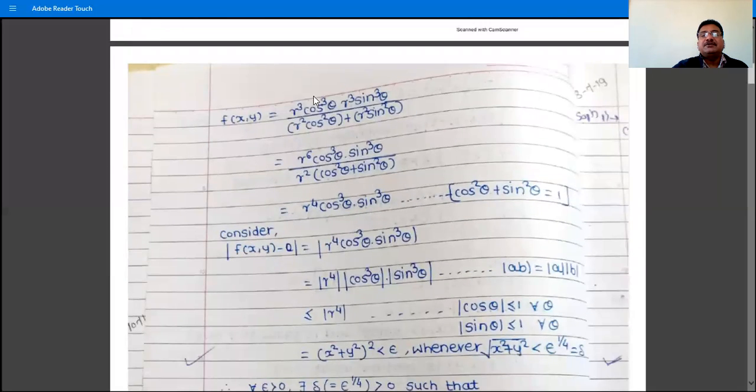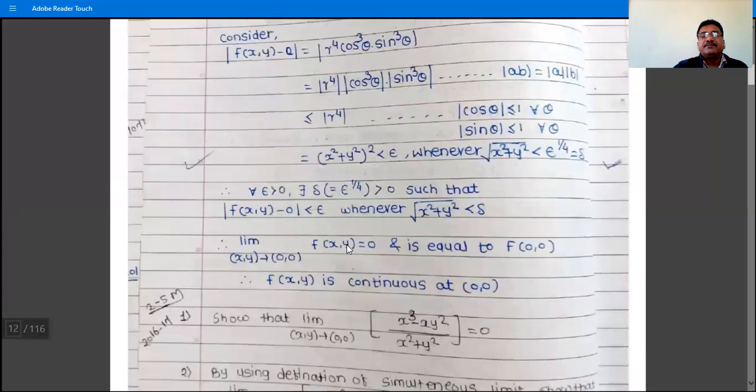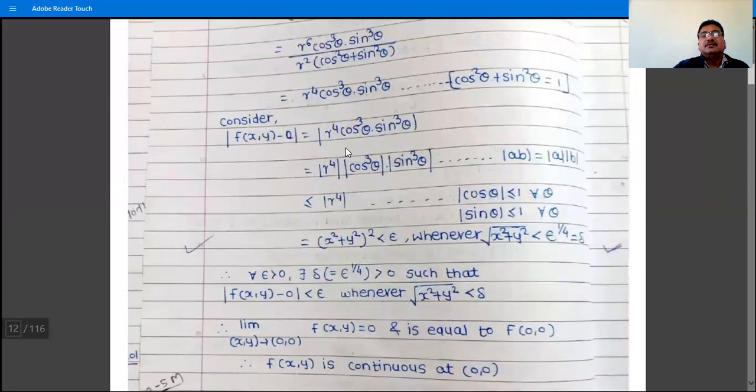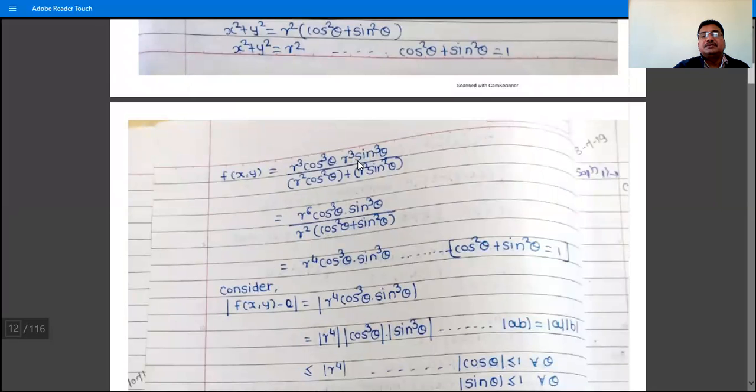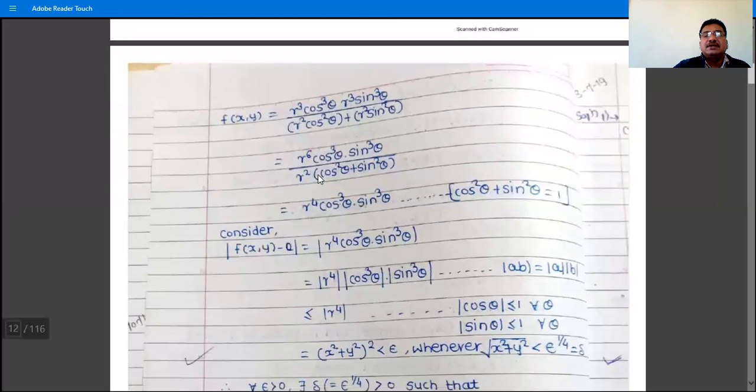Then the simplification of f(x,y): substitute x as r cos theta, y as r sin theta. So we have r cube cos cube theta, r cube sin cube theta divided by r square cos square theta plus r square sin square theta, and then taking r square common, the denominator is obviously r square.